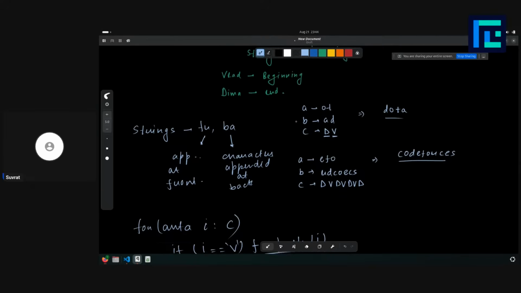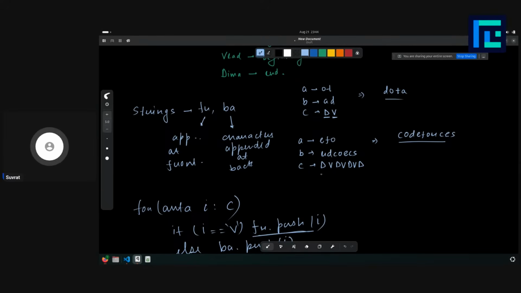Also, for this test case, back would be R, C, E and S, and then front would be D, O, C. As you can see, D was added first, then O and then C, so in our front string they would be in reversed order.